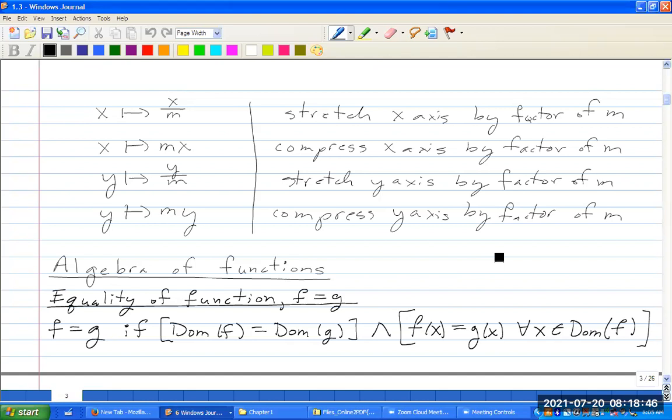So that discusses, if we started with some function, y equal f of x, then I can translate.